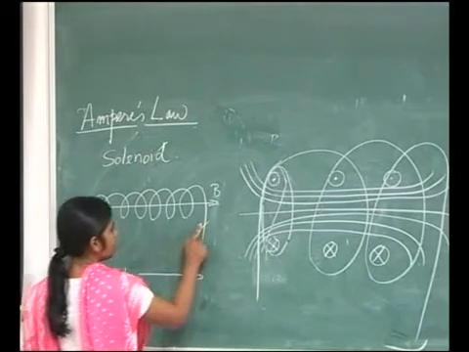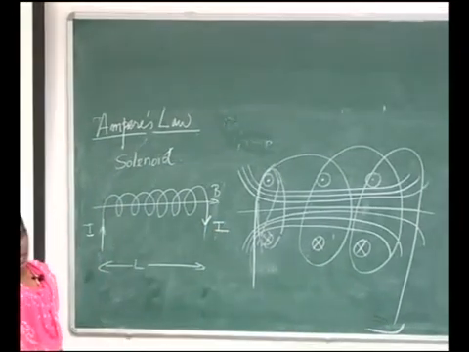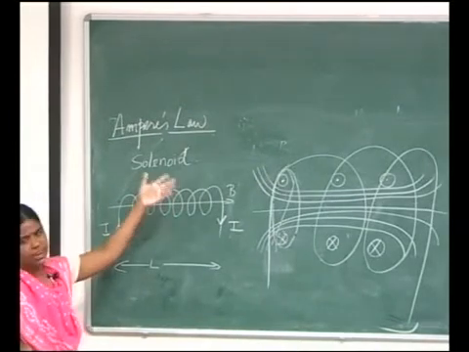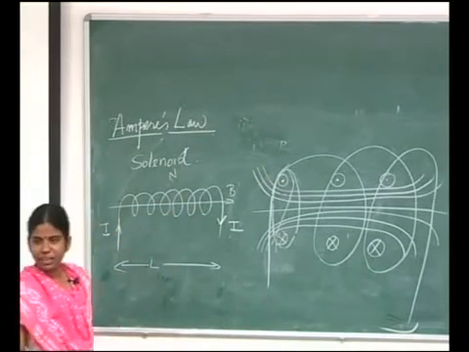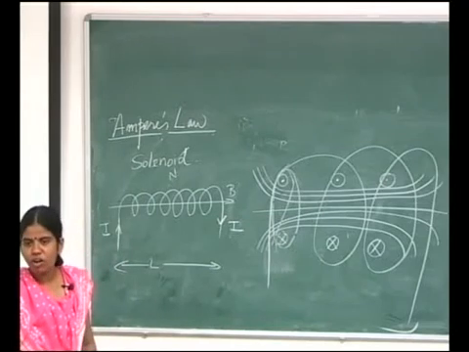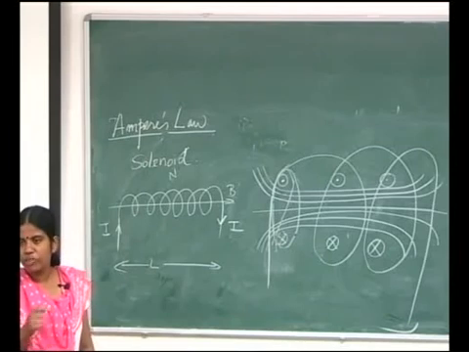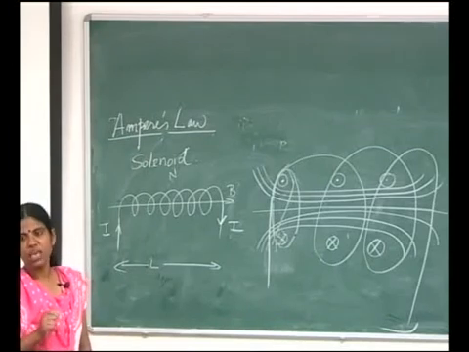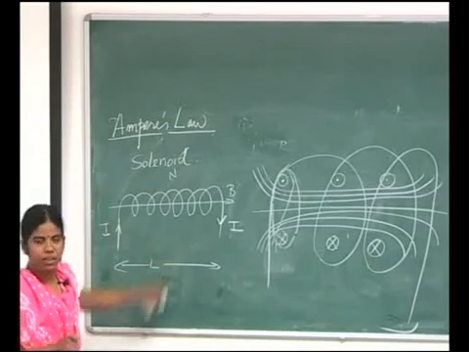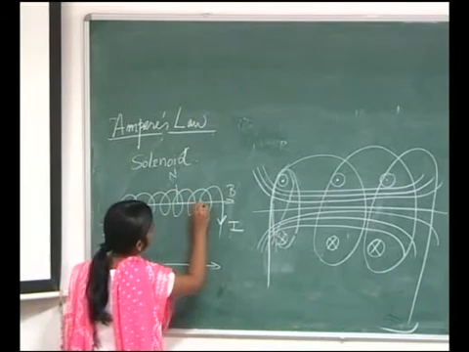So current I comes here, and I say that there are total n loops. To apply Ampere's law, first I need to choose a closed path over which I will walk, and then attach an open surface to that closed path. So let me choose a rectangular path like this.